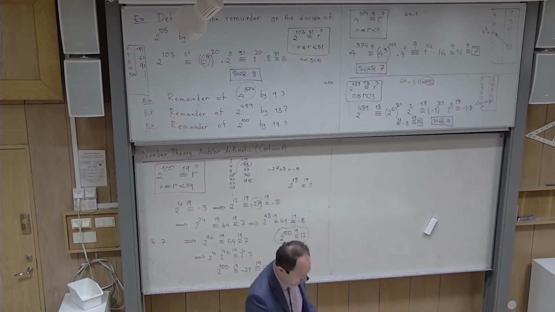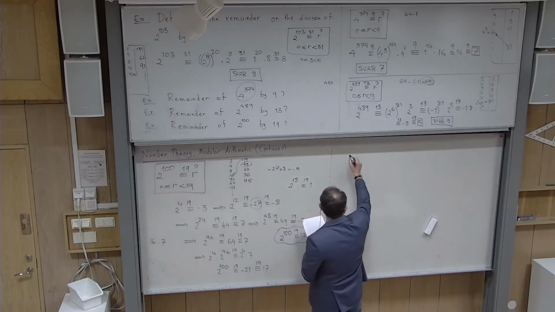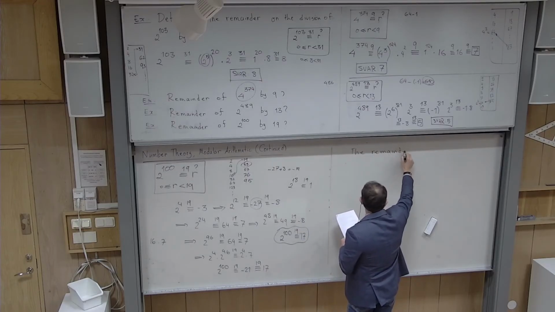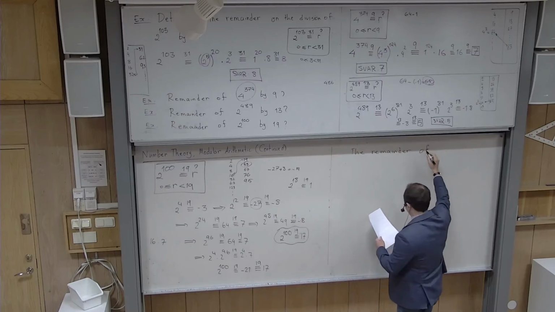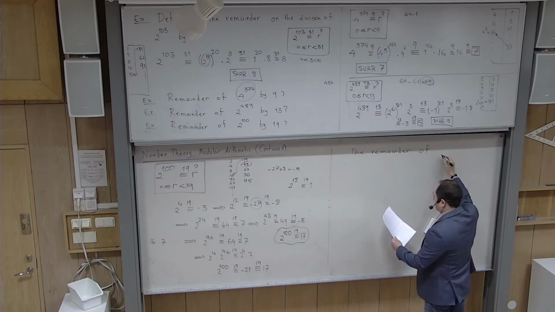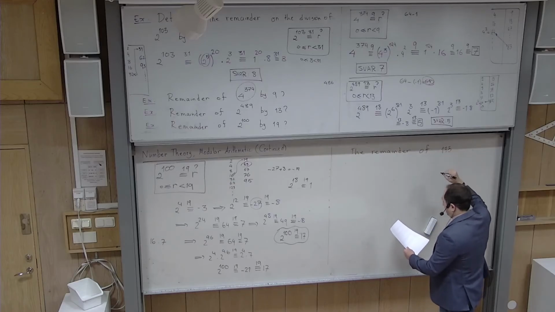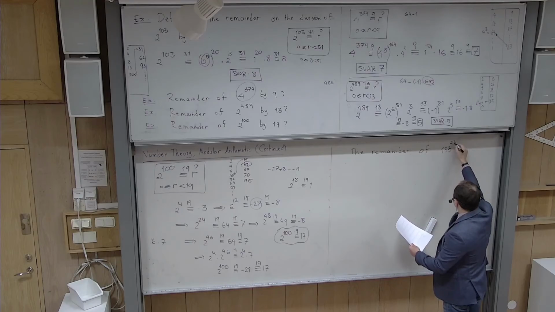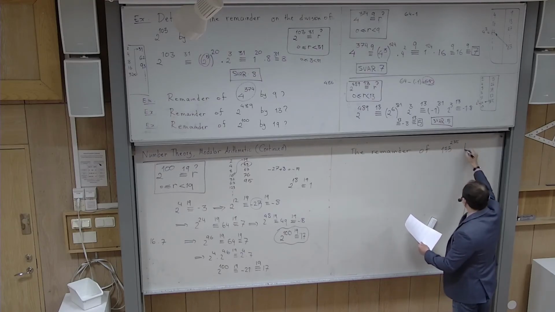So we want to find the remainder of this number, 133 to the power of 235, divided by 16.